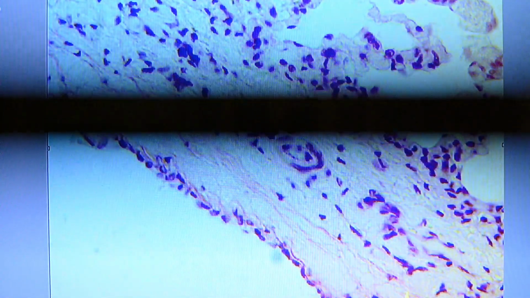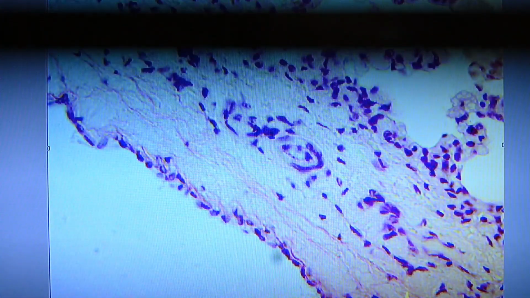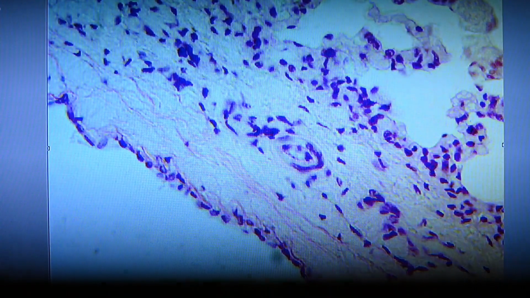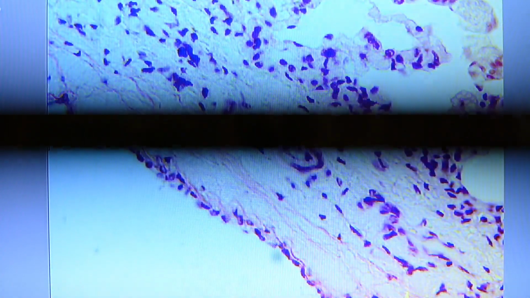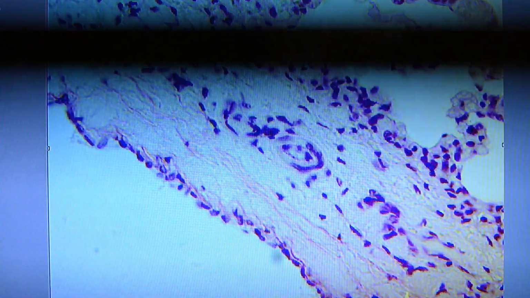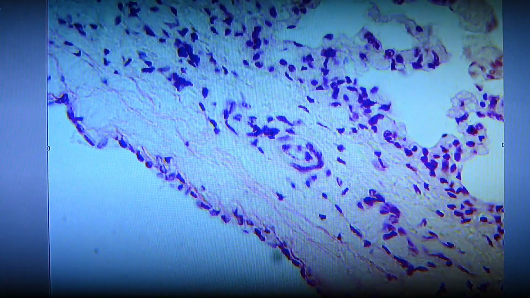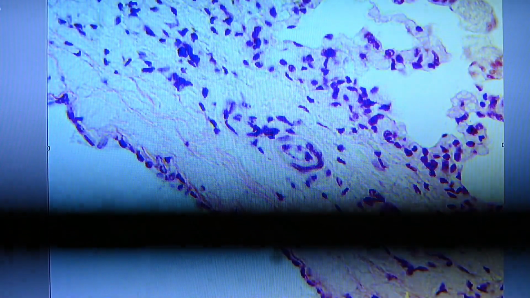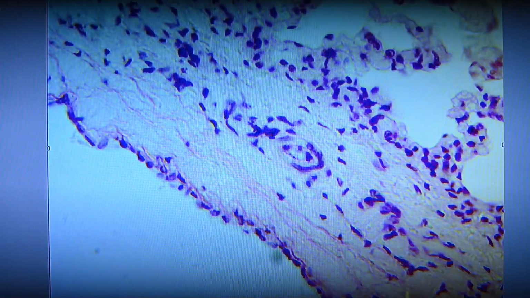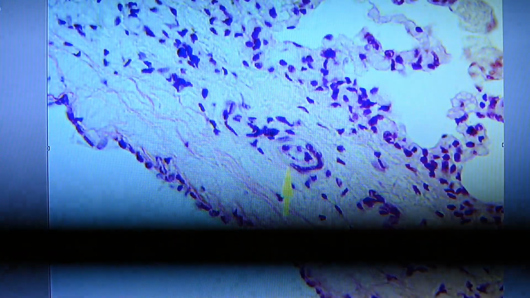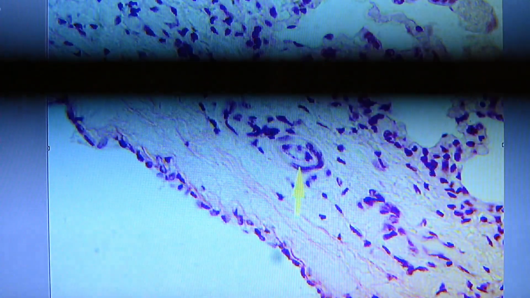And then above that in the view we have collagen, several thicknesses of collagen there forming that capsule, the covering of the lung. That's the visceral pleura of the lung. In there I see an artery, and I'll use my pointer here, point to that little arteriole out there in the capsule of the lung.